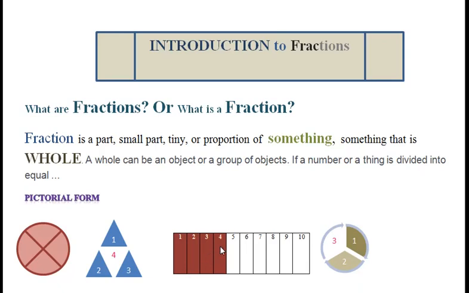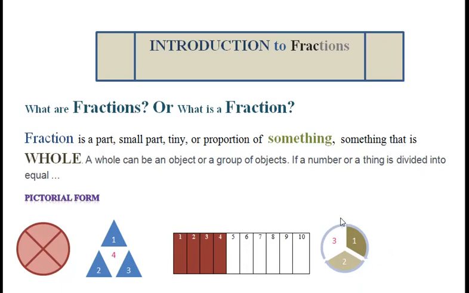This is how we say it in general, when we communicate or speak. In real life also, when we make such statements, that 4 out of 10 equal parts have been shaded, we are actually mentioning fractions, which is a part of something, a proportion of something.